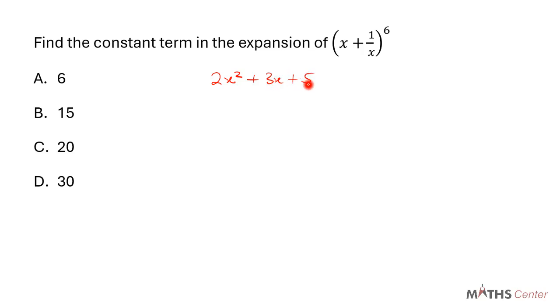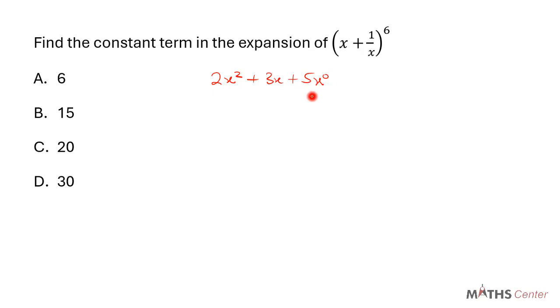The last term is 5. We can see that there is no x attached to it, so it is called the constant term. We can write an x attached to it, but that x will have an exponent of 0. So 5 can also be written as 5x exponent 0.